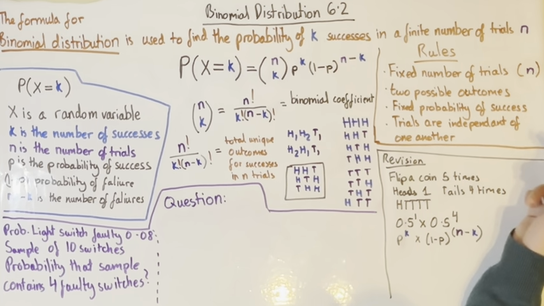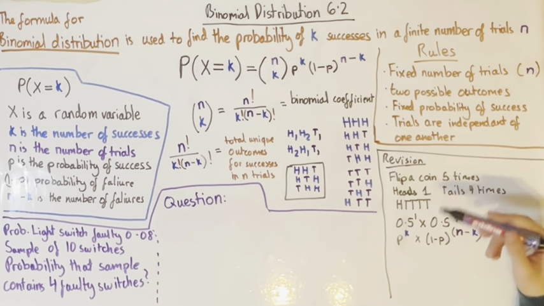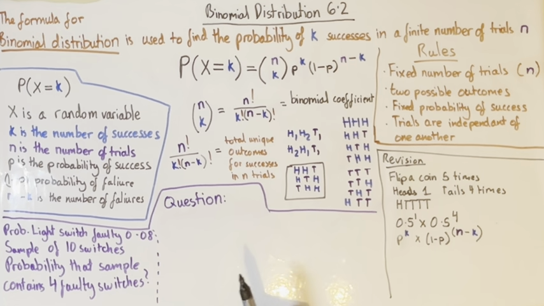What these mean is that the probability of success has to stay the same, and that the trials don't affect each other. So if I flip a coin and get heads, that's not going to affect the probability that I get heads on the next coin, and we treat each trial as being independent.